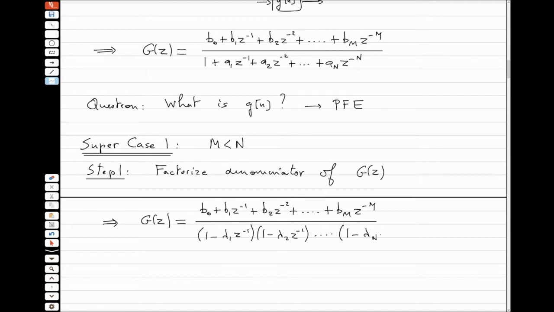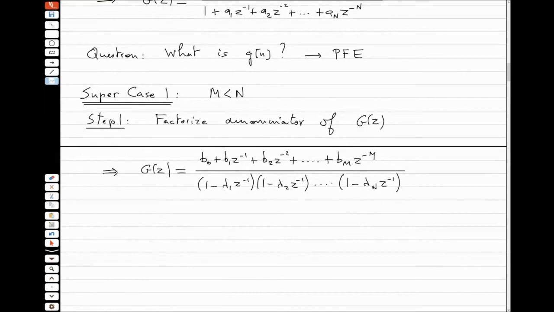One easily guesses that you need to have N factors of that form, where again lambda 1, lambda 2, lambda N are the solutions of the equation.